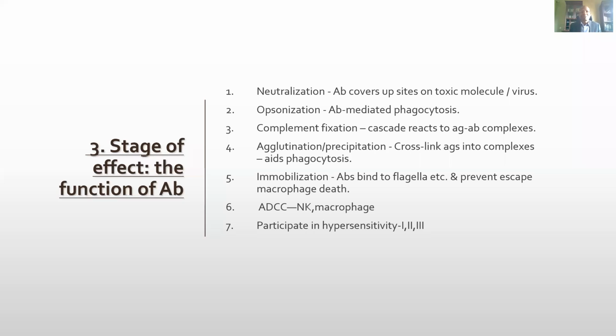The number 6 mechanism of the antibodies is antigen-directed cell cytotoxicity, which is technically a function of natural killer cells and macrophages. And don't forget the effect of antibodies in hypersensitivity reactions, specifically hypersensitivity reaction type 1, type 2, and type 3.